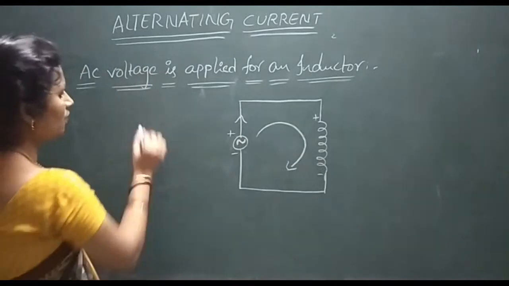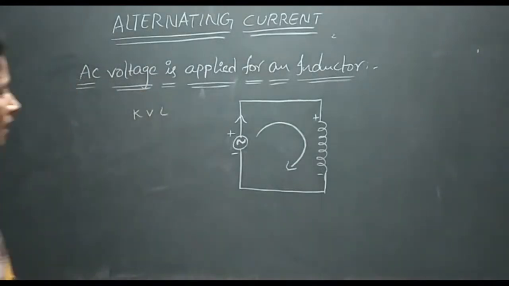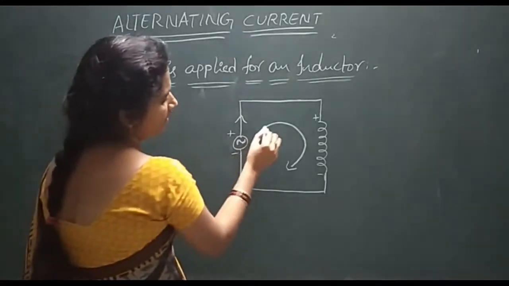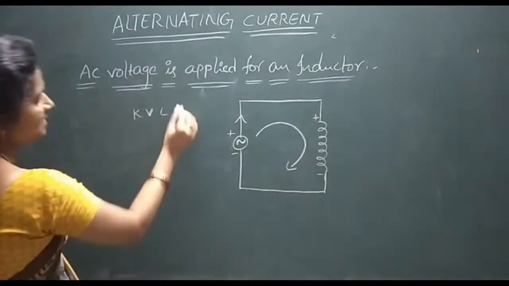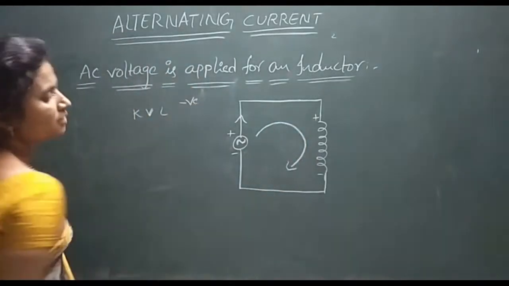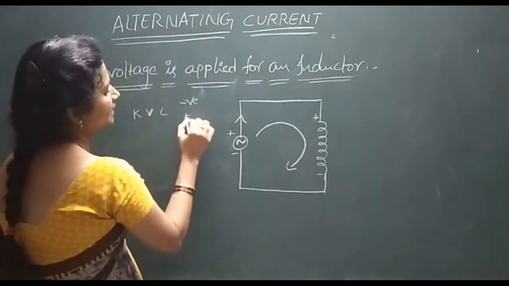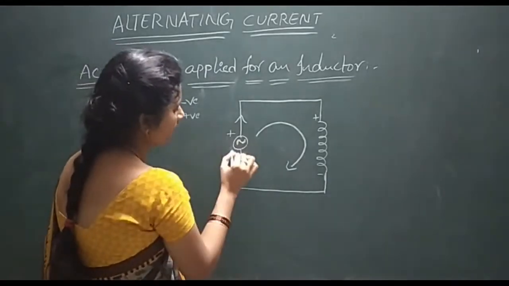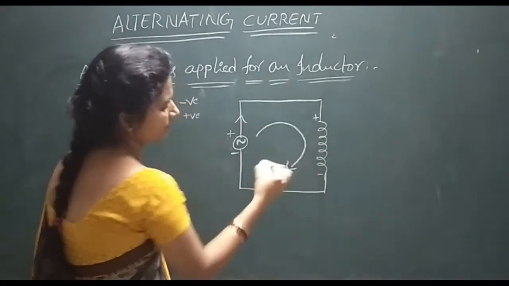According to Kirchhoff's voltage law, if the direction is the same as the current direction, then it is taken as negative, and if it is opposite to the direction of the current, then it is taken as positive.